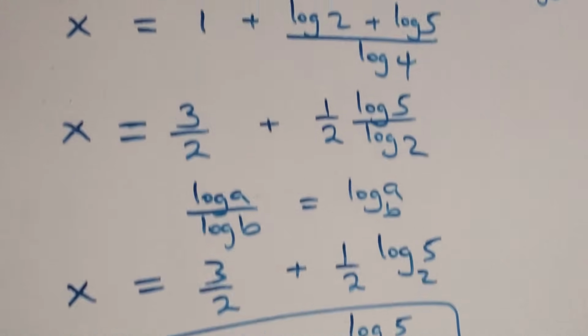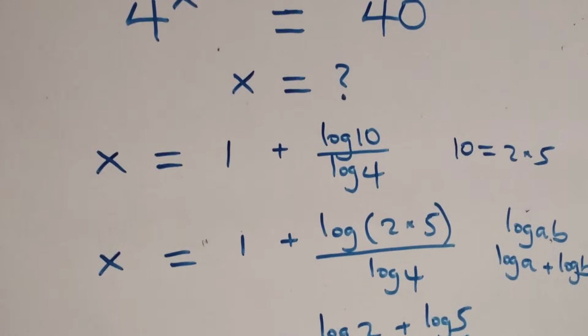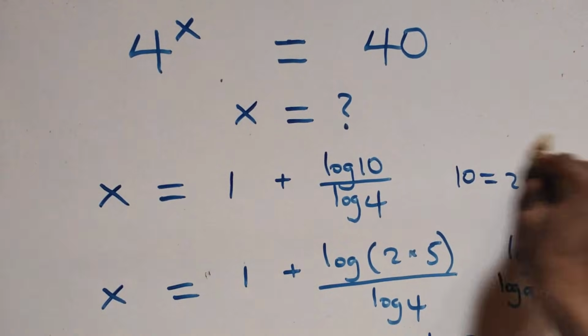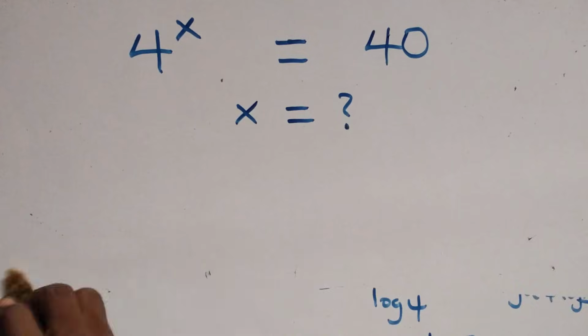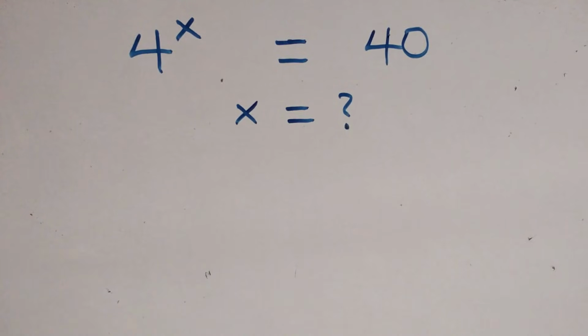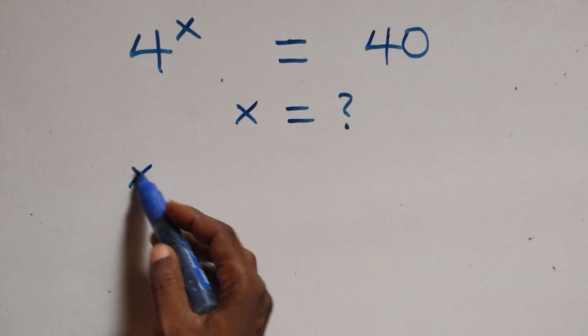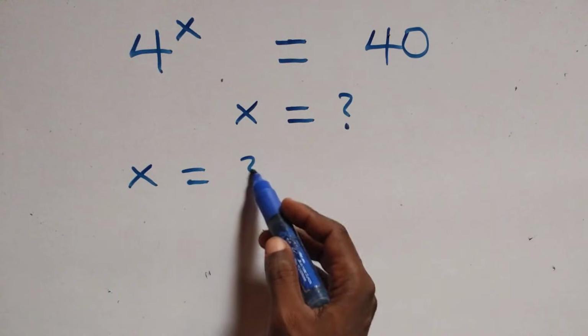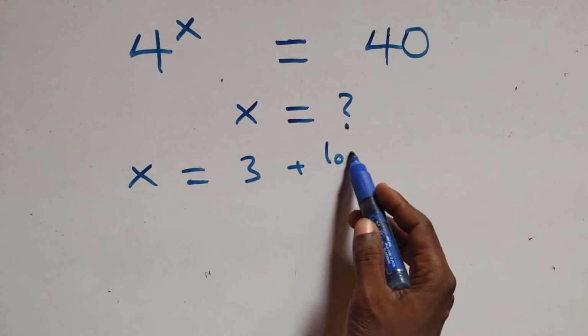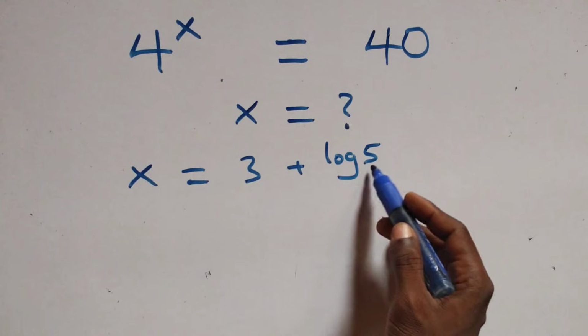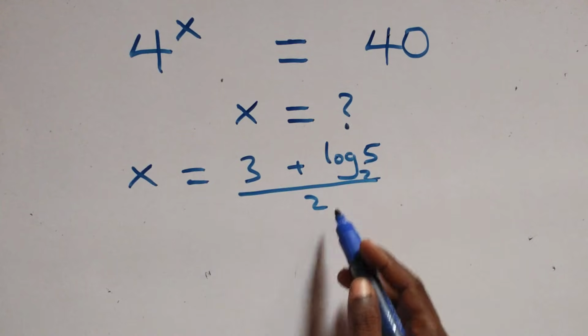Then let's check here if this satisfies this given problem. That is, we substitute the value of x here, which is x equals 3 plus log 5 base 2 all over 2.